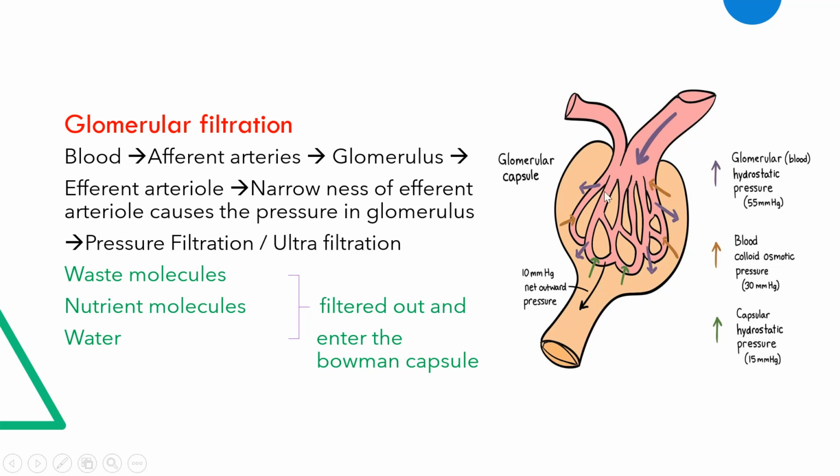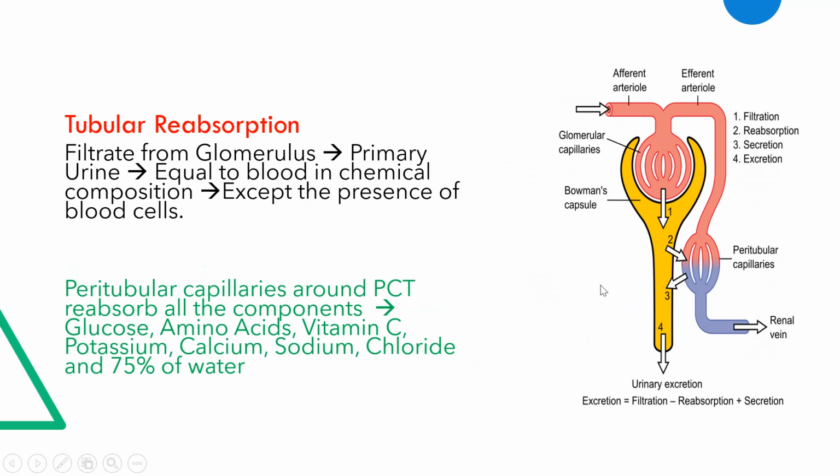Then what are the materials which are filtered here? That is waste molecules, nutrient molecules and water. So these are the filtrates. These filtrates from the glomerulus enter into the Bowman capsule.